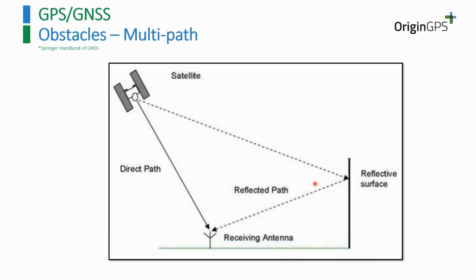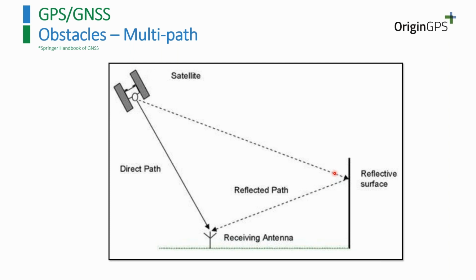Another part to talk about is the multipath. If you are thinking about a satellite, we will get as a receiver the direct signal, but we will also get a replica of the signal, or a few replicas of the signal, because of the obstacles. Imagine that you have an urban environment and you have buildings.